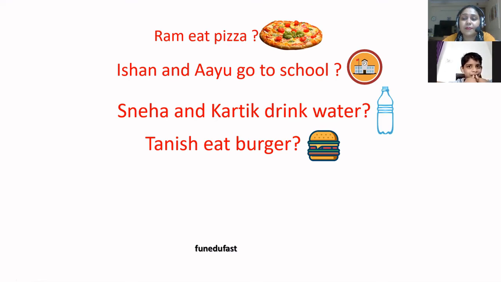If it is an interrogative sentence, हमने इस क्वेश्चन मार्क से पहचाना कि इंटेरोगेटिव सेंटेंस है. लेकिन जब इंटेरोगेटिव सेंटेंस होता है तो हम क्या पुट करते हैं सबसे आगे? What do we put? Helping verb. Yes.